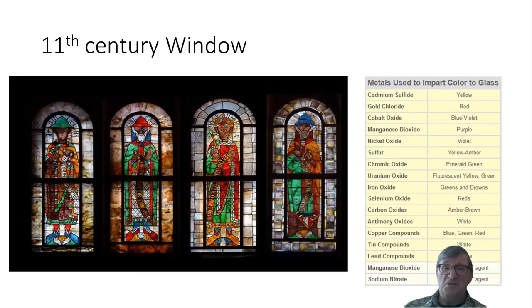For instance, the greens and yellows come from uranium, gold is red, and basically what this shows is that even after 1,000 years, all those metals are still contained within their glass forms. And that glass 1,000 years ago wasn't nearly as sophisticated as it is now.